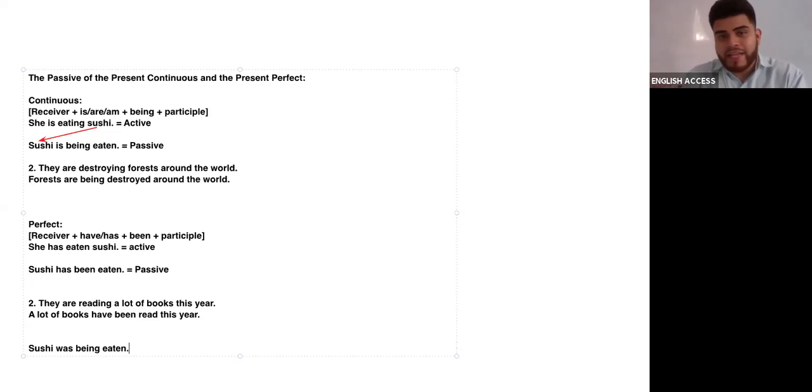All right, and that's the past continuous. And the present perfect, you can make it the past perfect. Sushi had been eaten. Okay, you change has for had, like in the past perfect. But that's not in the lesson.